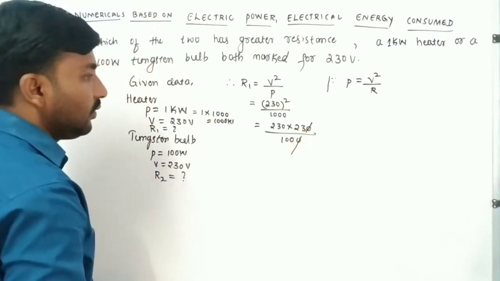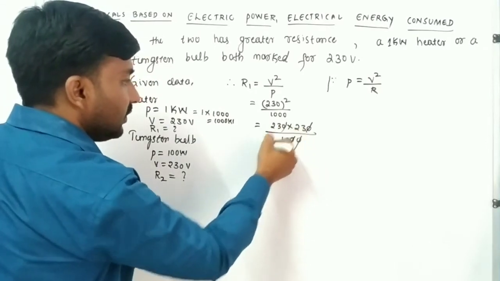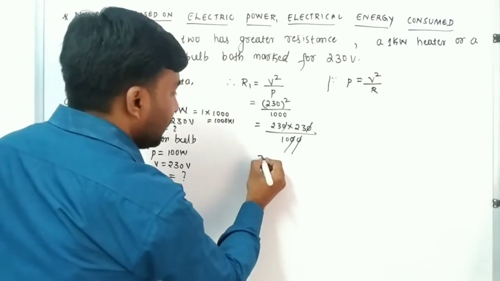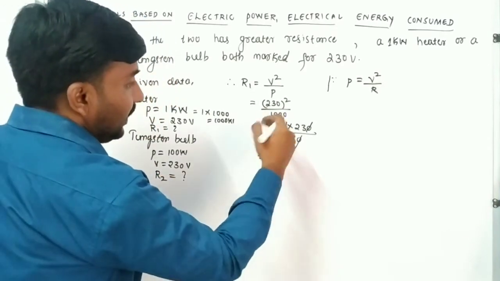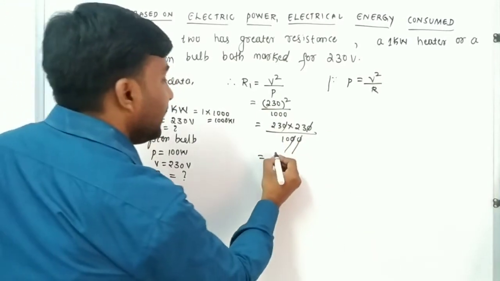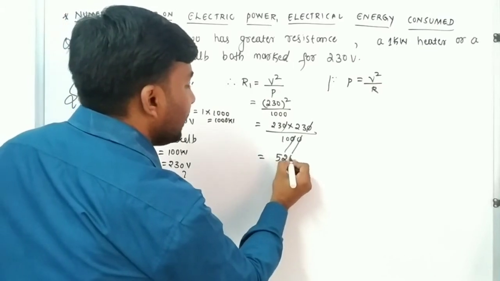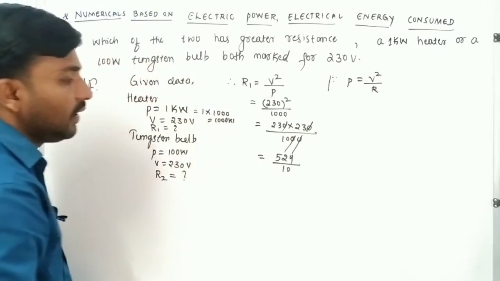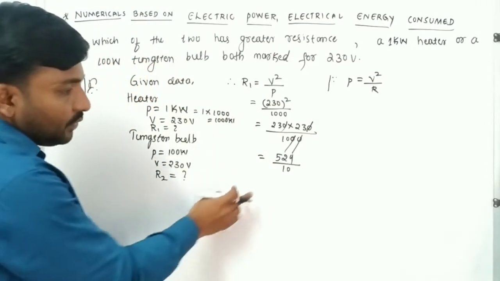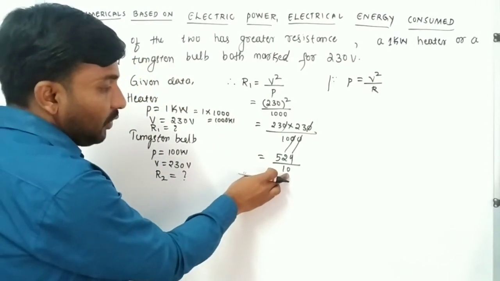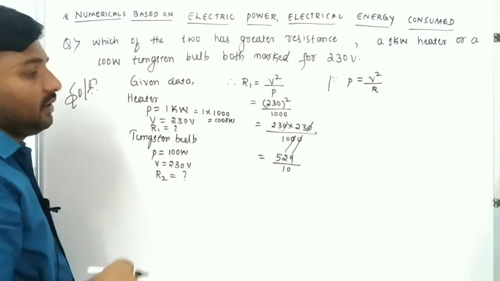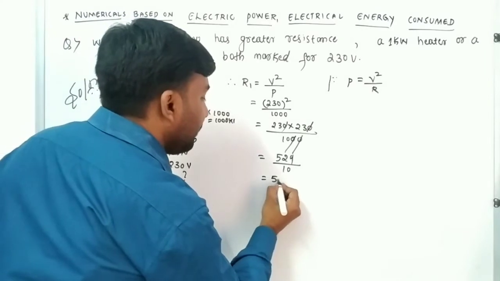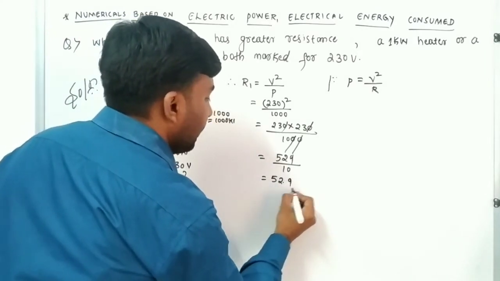The zeros get cancelled together. This is equal to 23 into 23, which is 529, divided by 10 in the denominator. In order to remove the denominator of 10, I need to give the point in the numerator after one digit. So this is equal to 52.9 ohm.